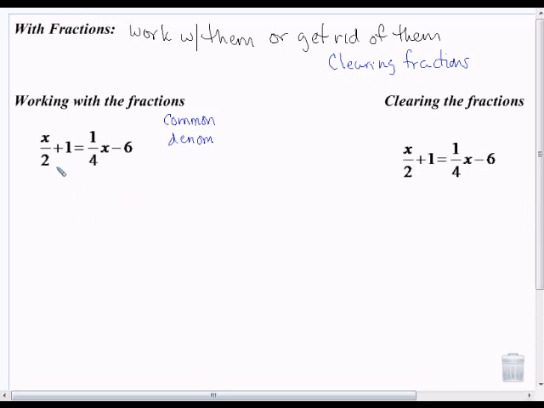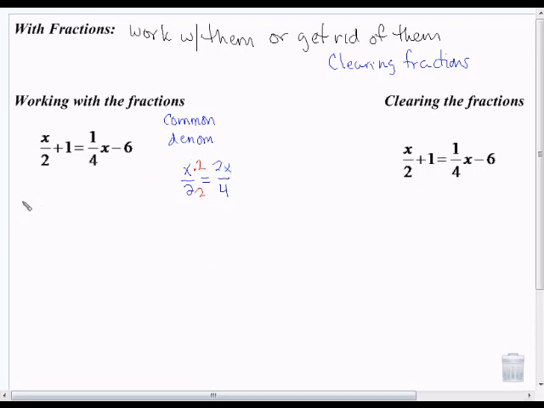So what is my denominator going to be? 4. So I'm going to have to turn this x over 2 into something fourths. So because I multiplied this one times 2, I have to also multiply that times 2. So that becomes 2x over 4.